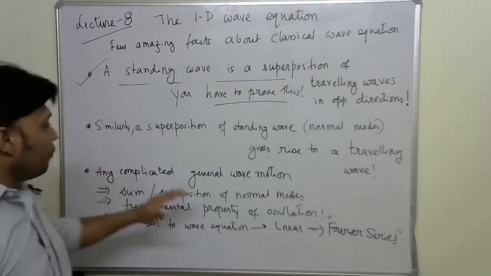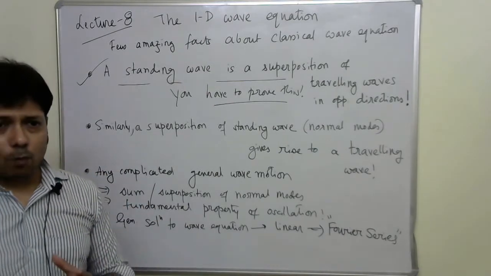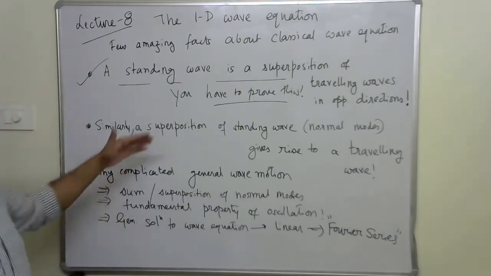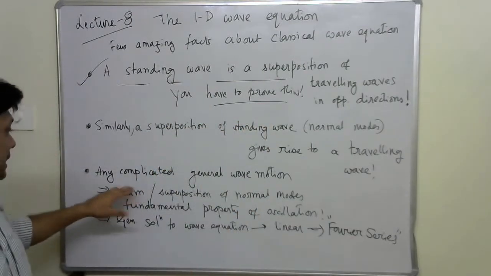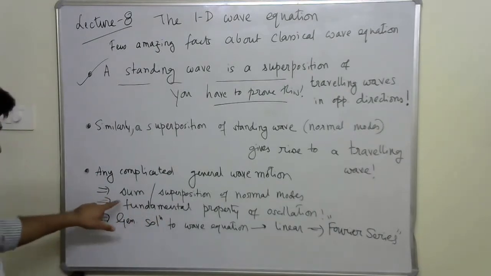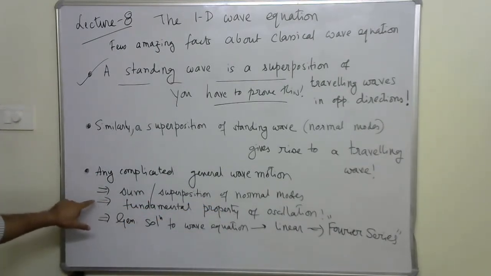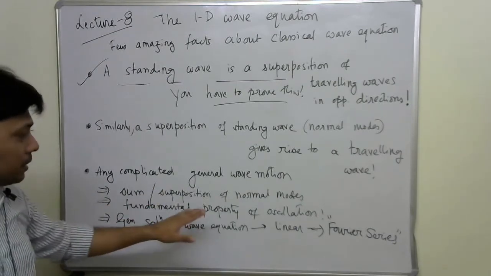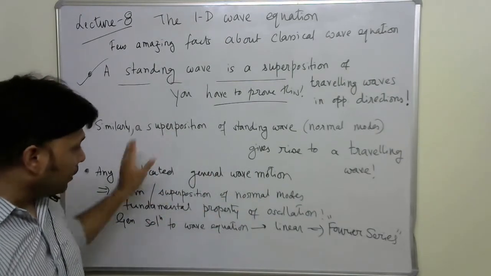And of course, the last point is that any complicated general wave motion, like our vibration of the one-dimensional string, can be represented as a sum and superposition of different normal modes, and it becomes a fundamental property of oscillation.